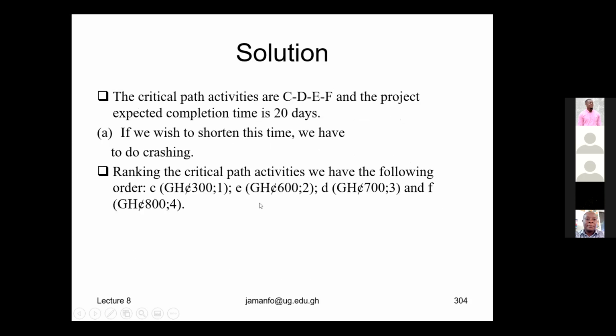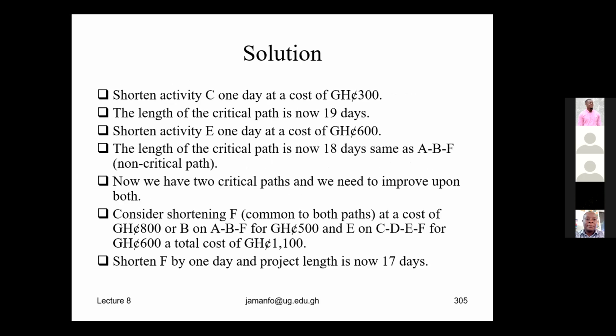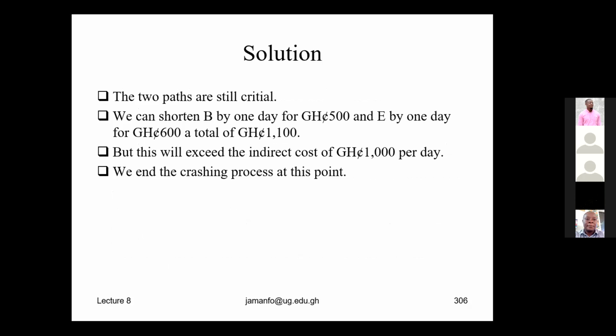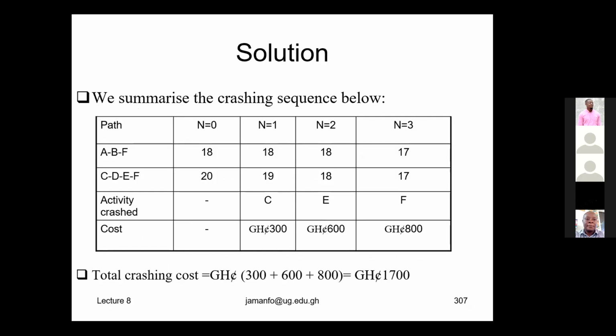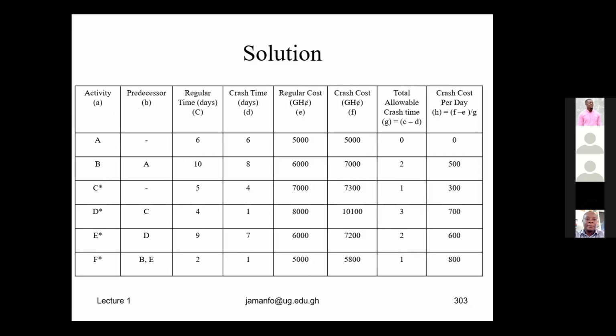So once you've done this, you can go ahead and pick the cost as you have ranked them. To even make the work easier for you, you can add a column here and put the ranking in terms of the cost.